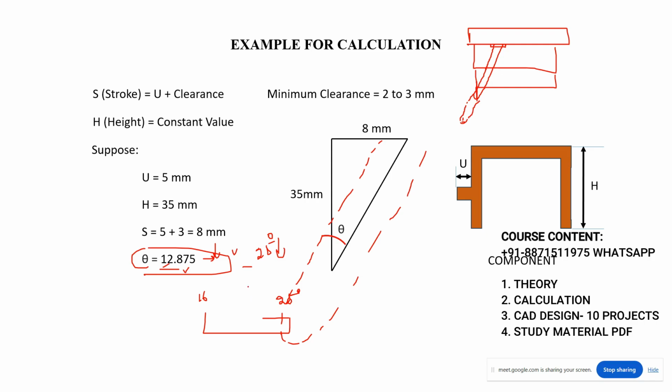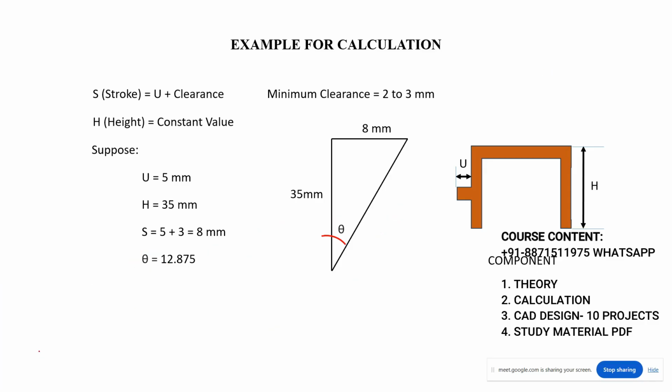So if by the calculation you get the angle more than 25 degree, or you cannot extend the length of the angular pin, then you have to use a hydraulic or pneumatic cylinder. Is it clear?